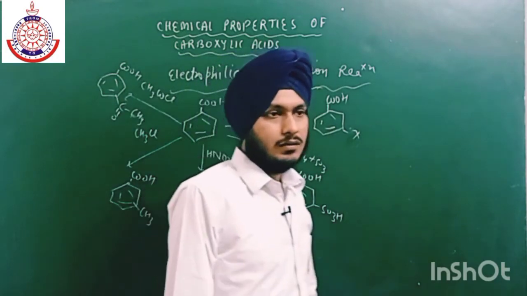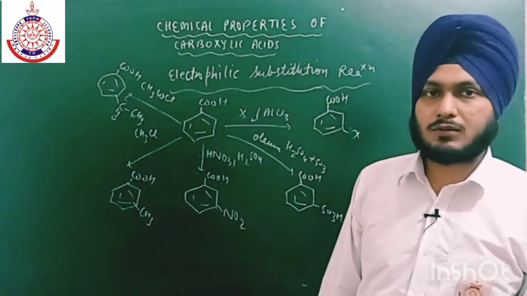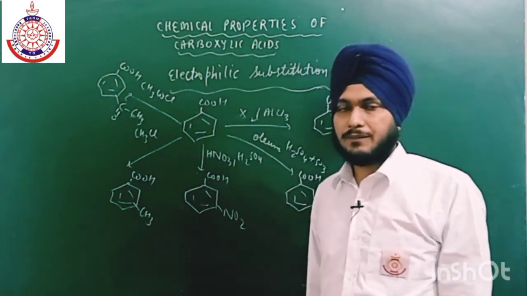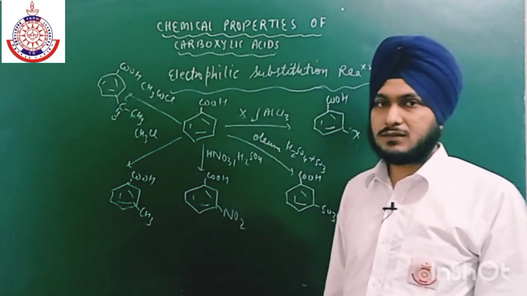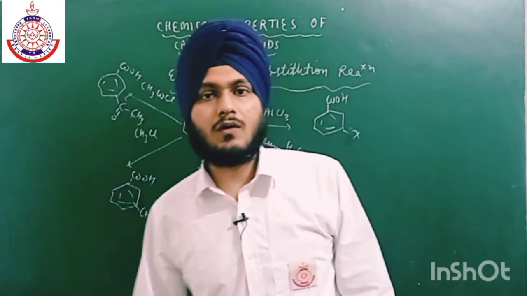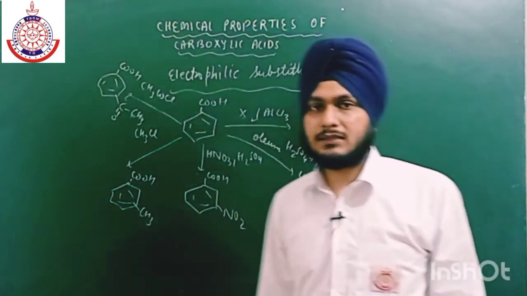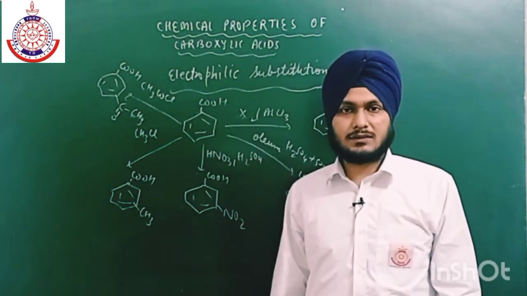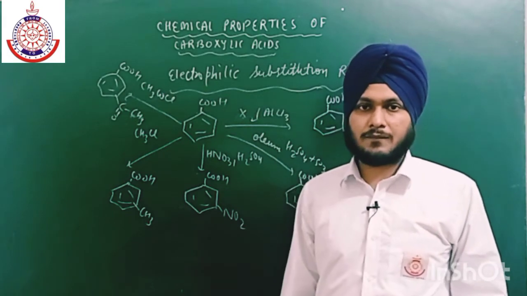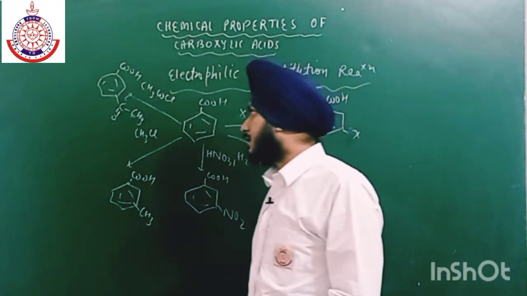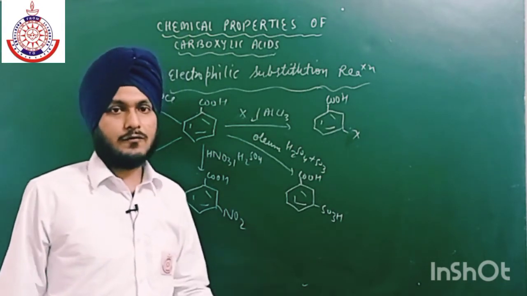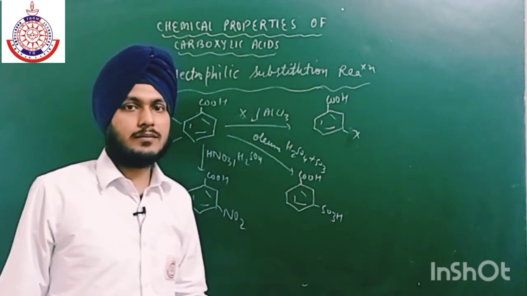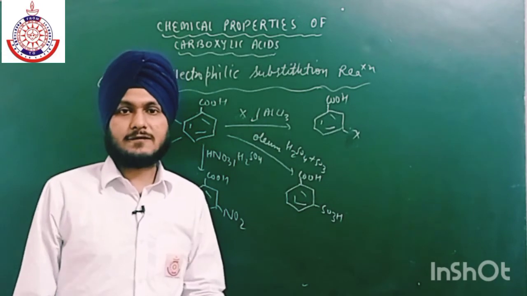Now how can we distinguish carboxylic acid from phenol? Before moving to that topic, one more thing I want to discuss with you: out of all the carboxylic acids, formic acid has some anomalous character. Why is it different from others?